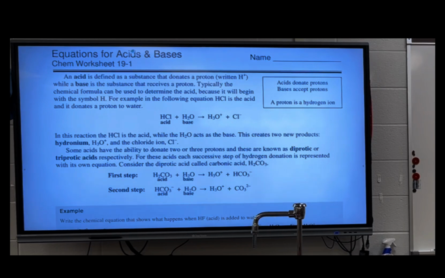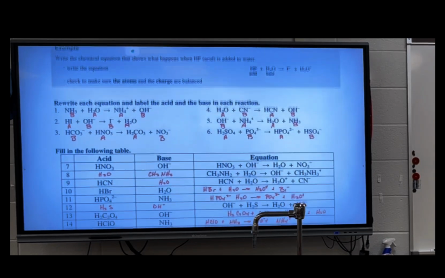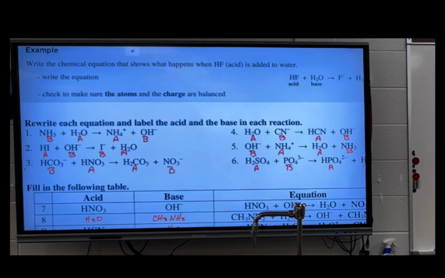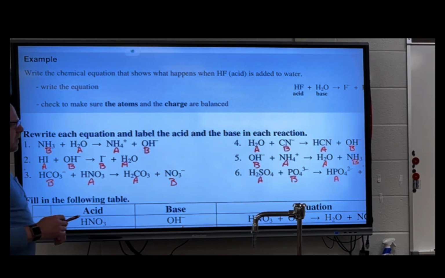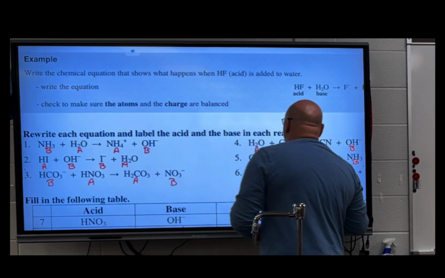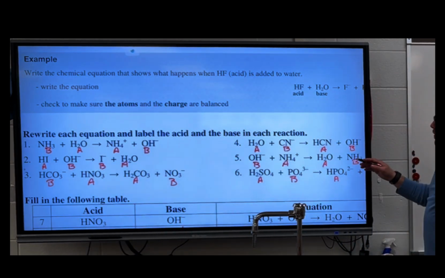Okay, so here are the answers for 1 through 6. Take a look at those. Do you guys have any questions on them? Now, the thing I want to point out on these is that, for the most part, these are going to be kind of your net ionic equations.